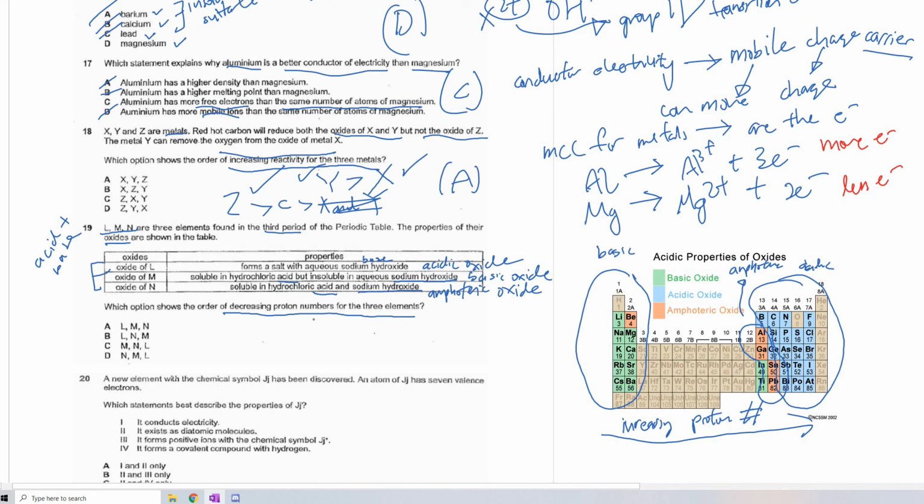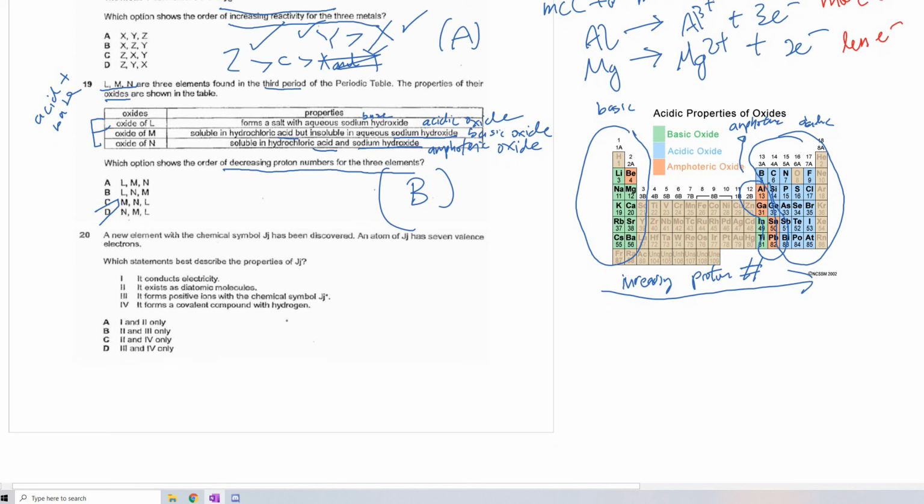So the first one would be the acidic oxide, which is oxide L, so C and D cannot be the answer, followed by amphoteric, which is N, then lastly basic, which is M. So the correct option is option B.